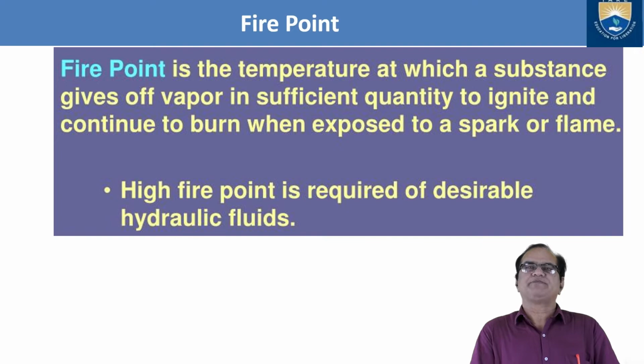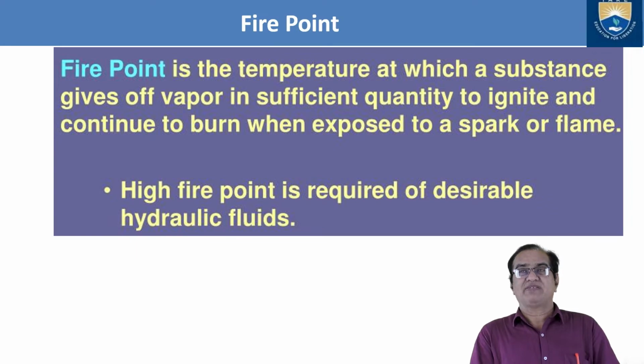Next is fire point. Fire point is the temperature at which a substance gives off vapor in sufficient quantity to ignite and continue to burn when exposed to a spark or flame.